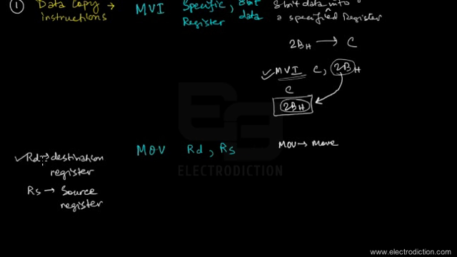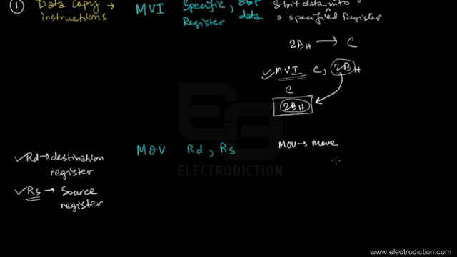RD stands for the destination register, that is the register to which you're supposed to send your data byte, and RS serves as the source register, the register which contains the data byte beforehand.